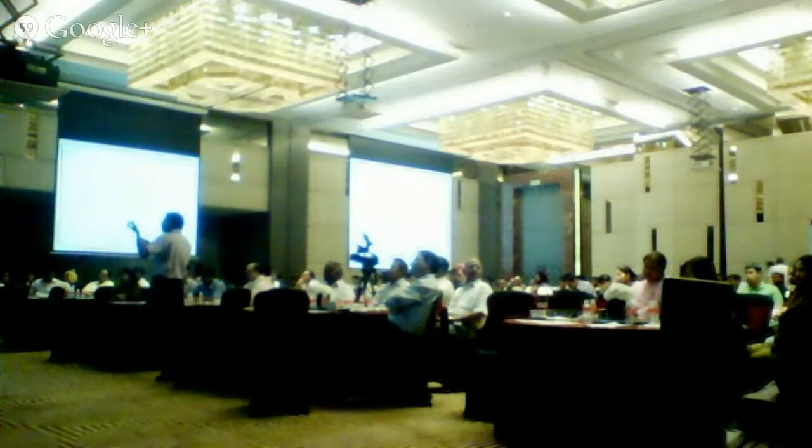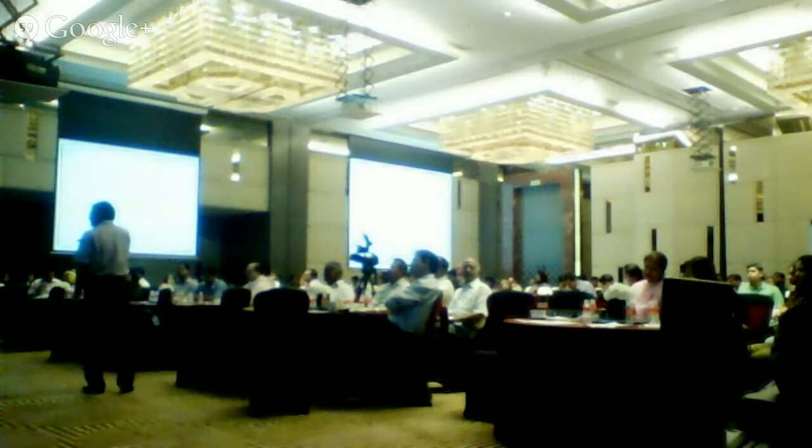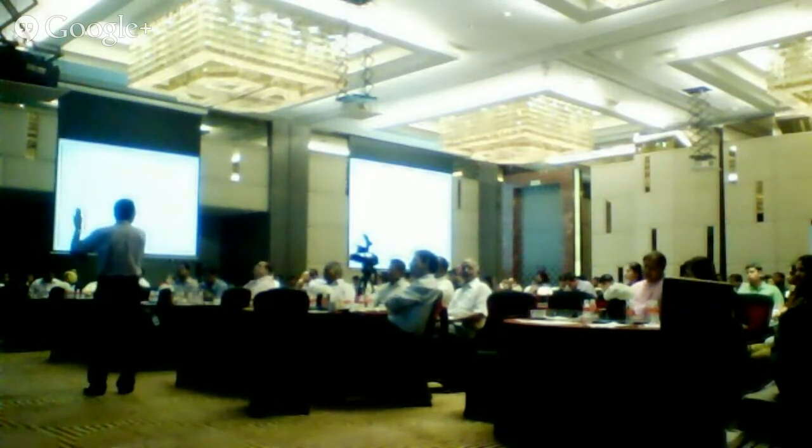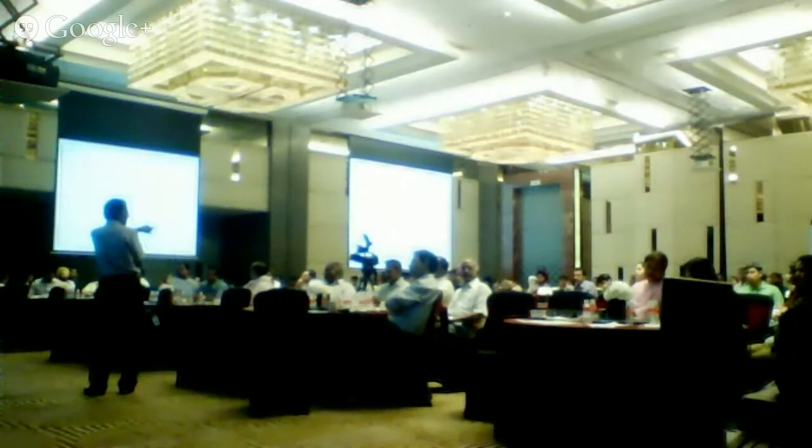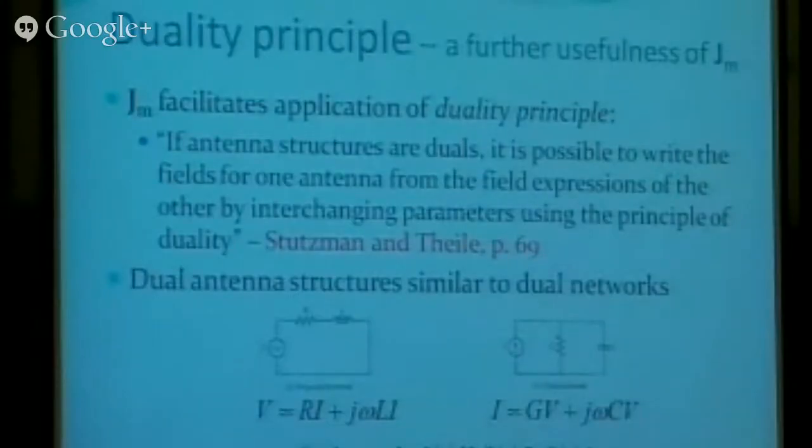Now we know that electric circuits, when we look at these two circuits, are dual circuits. Similarly, an electric dipole and an electric loop are dual circuits. So analysis of one can be easily extended to the analysis of another if we find that those two circuits are dual structures.